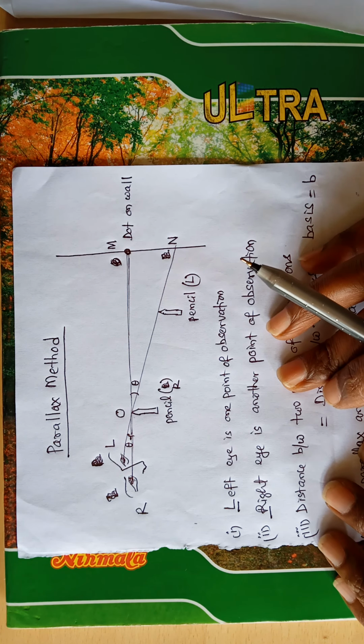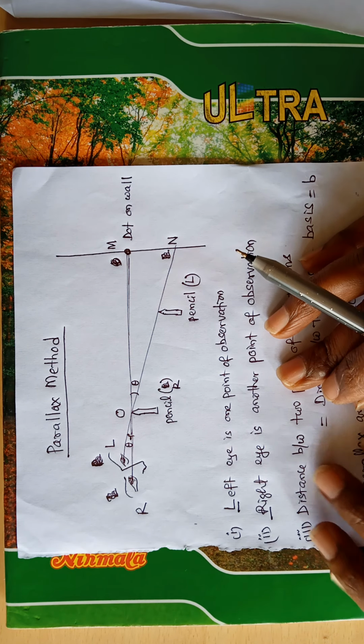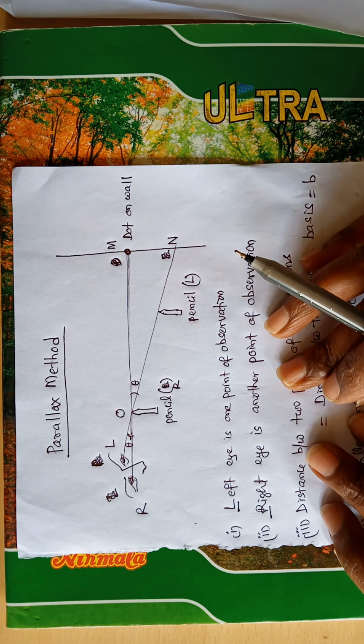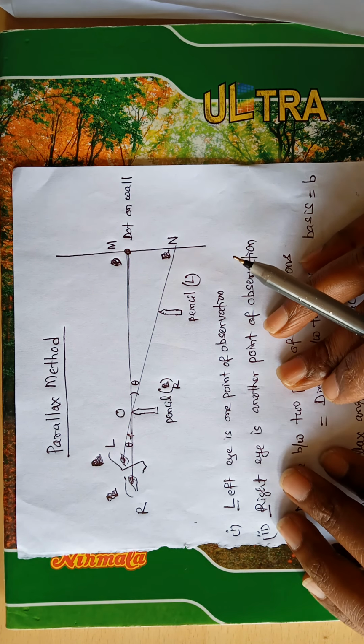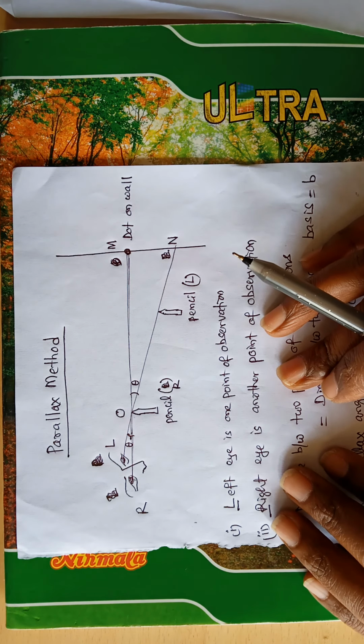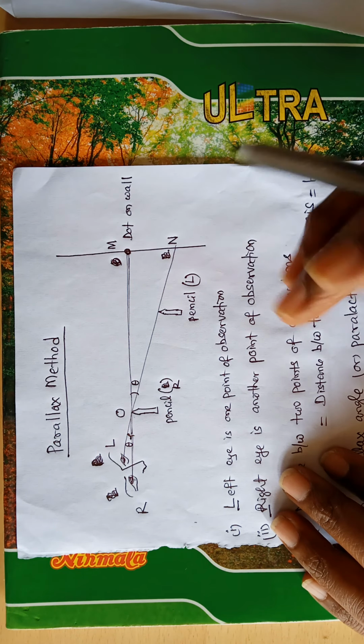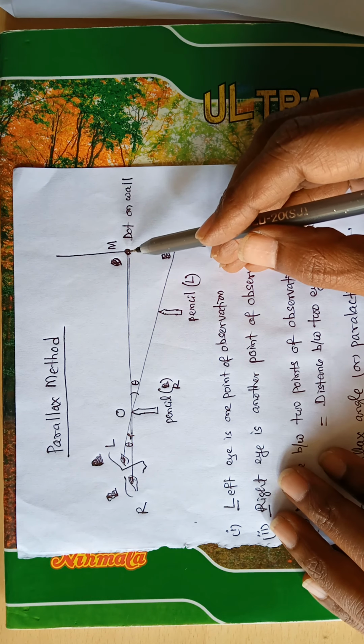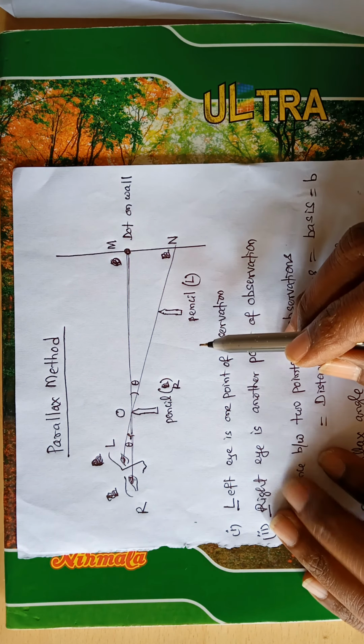What is parallax method? On this, you can have an interesting activity in your home. What all you have to do is sit comfortably in a chair and you select a spot on the wall, and this is you.